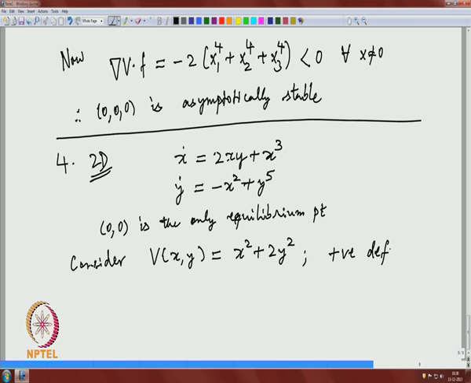So, according to the system, one has to construct these Lyapunov functions. They are not given, we have to construct these things. Okay. And if you work out this quantity grad v dot f, in this case you find it is twice x 4 plus 2 y 6, and because of even powers this is positive definite.